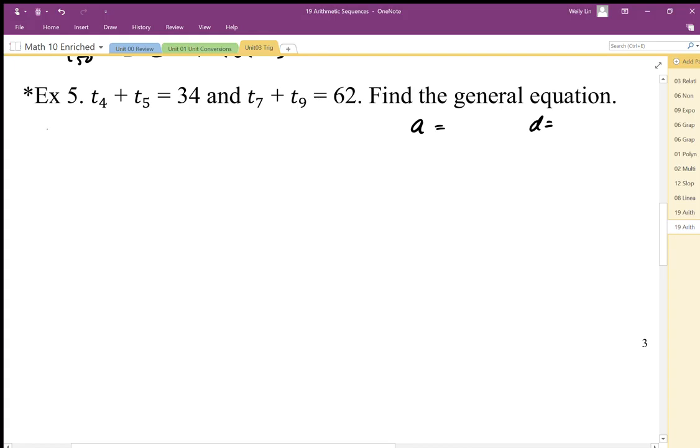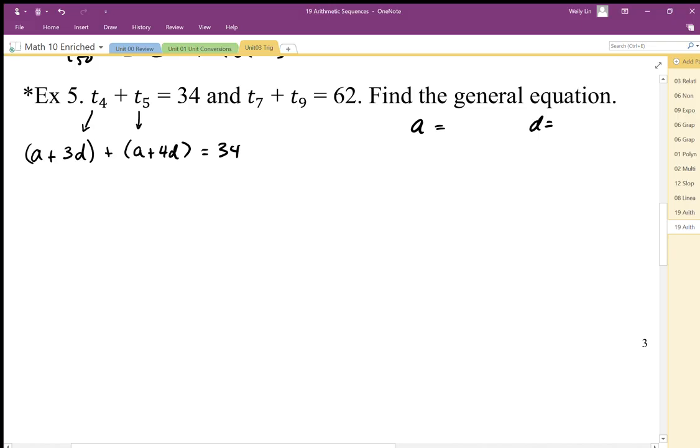But if I let this be T4, I know that T4 is equal to the starting point plus 3 d's. So 3 steps from 1 to 4. This one here is going to be T5, the starting point plus 4 steps to go from 1 to 5.